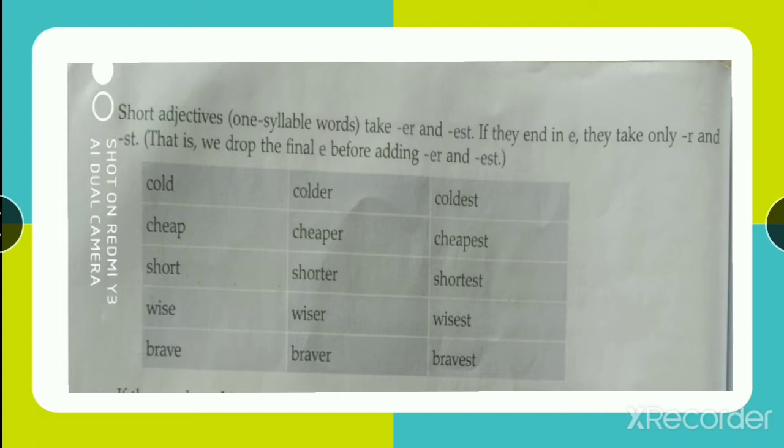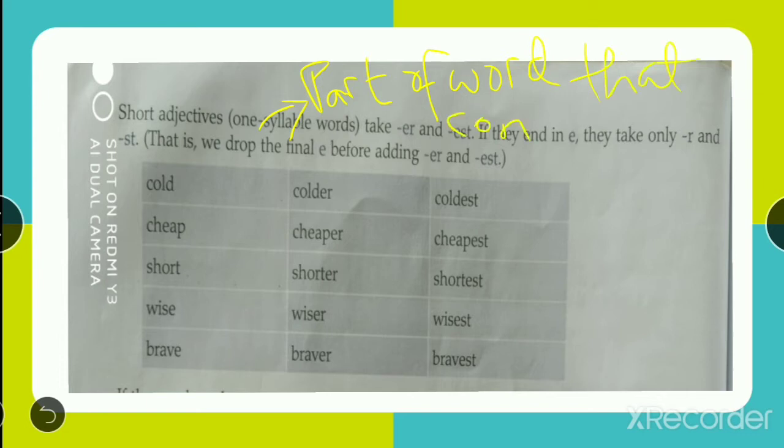Now students, what is being said over here is, if you have the adjectives with one syllable. Now what is the meaning of one syllable? You have studied syllable, isn't it? One syllable means part of word that contains one vowel.